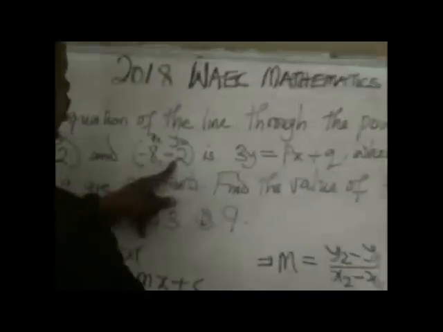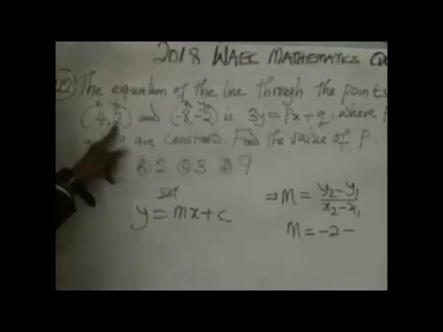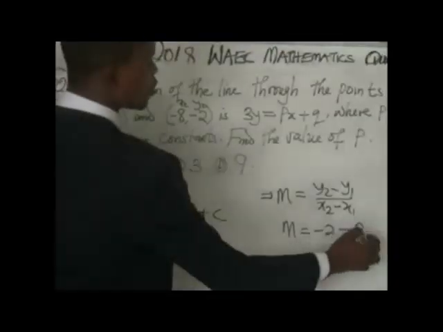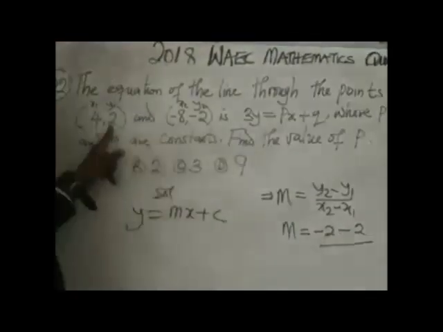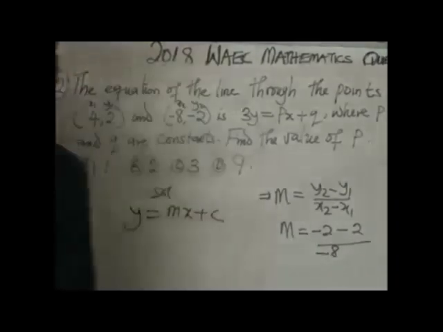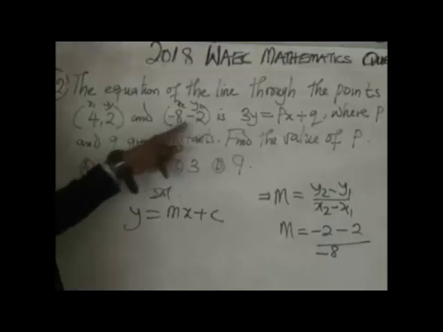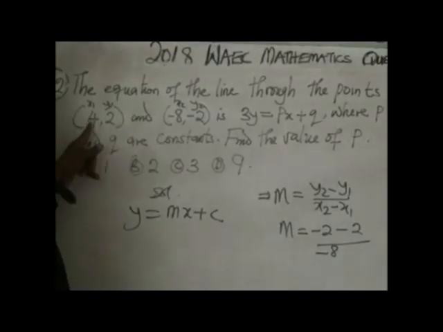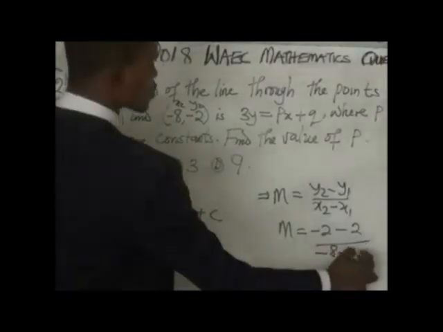So doing that, m equal to y2. What is y2 from this point? We have minus 2. You put minus 2 there. Minus what is y1? y1 is 2. So you put 2 over x2. What is x2? x2 is minus 8. Minus 8. And what is x1? x1 is 4. Minus 4.